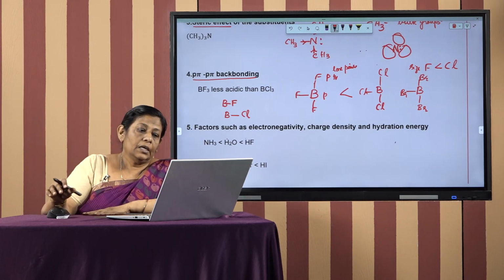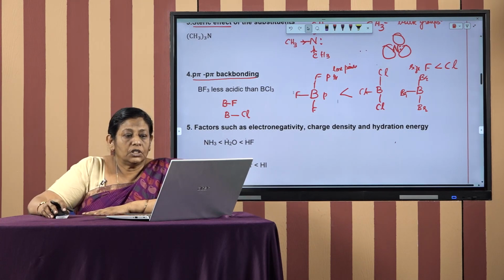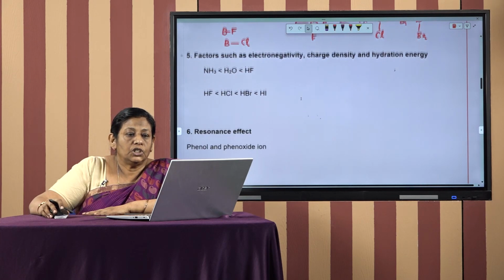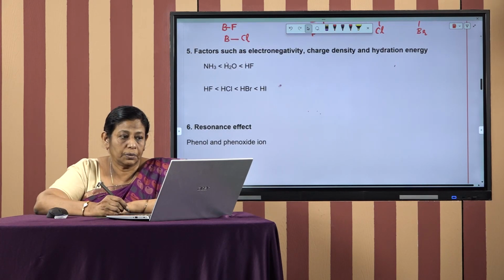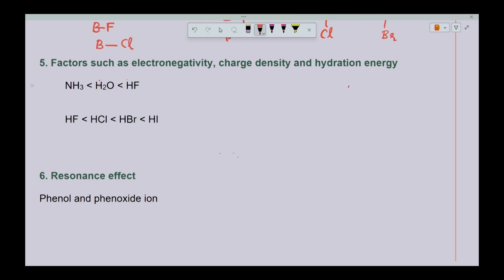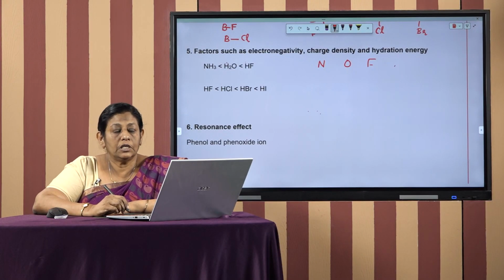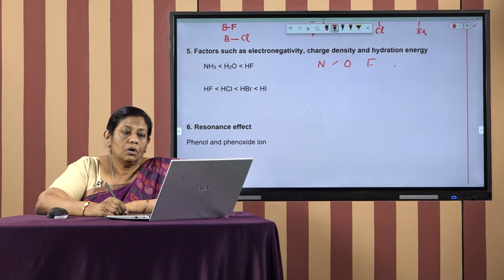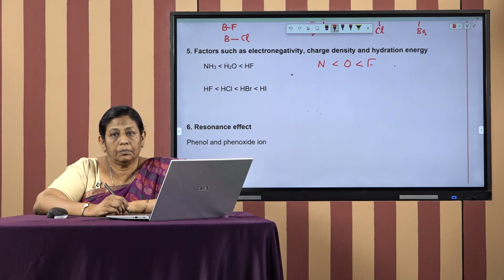Next are factors such as electronegativity, charge density and hydration energy. Here we are going to check. See, here we have hydrides of nitrogen, oxygen and fluorine. What are their electronegativities? Nitrogen is less than oxygen, which is less than fluorine.